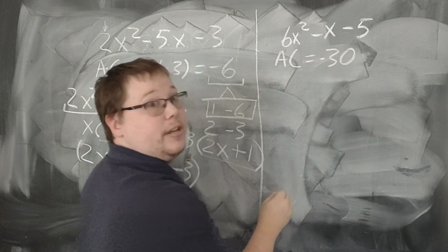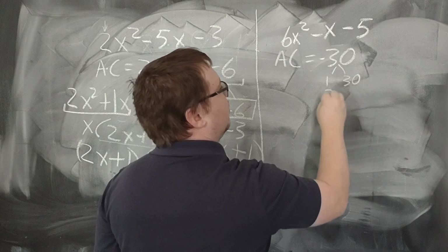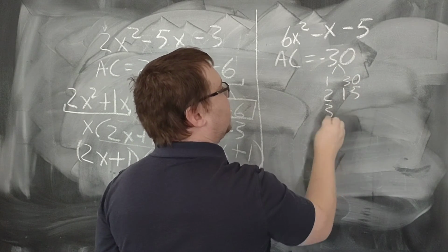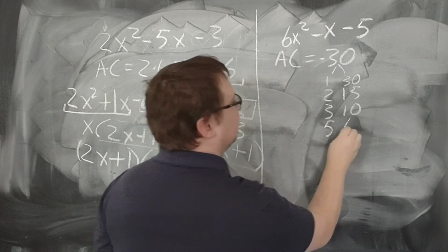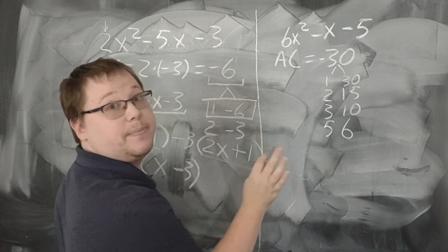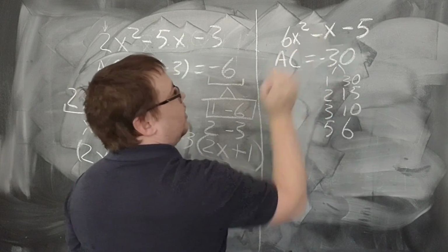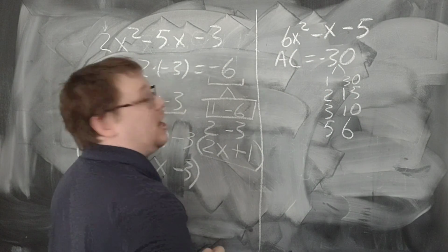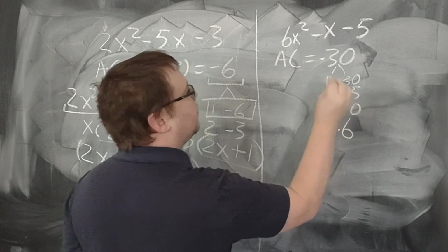that's just negative 30. So 1 and 30, 2 and 15, 3 and 10, 4 is not possible, and 5 and 6. And moving along here, because we've all done this before, we know one of them has to be negative, and the bigger one has to be negative to make the overall thing negative. So these are our choices.